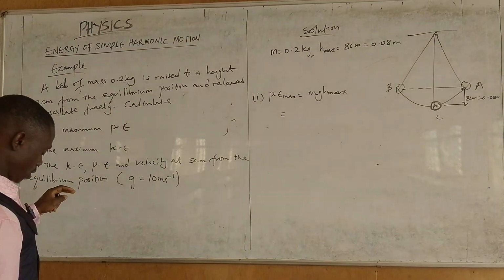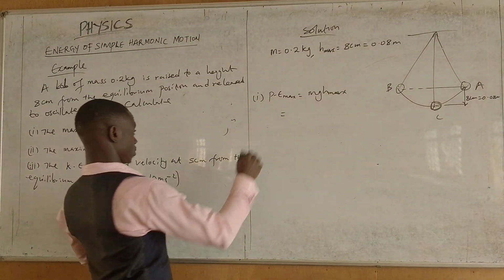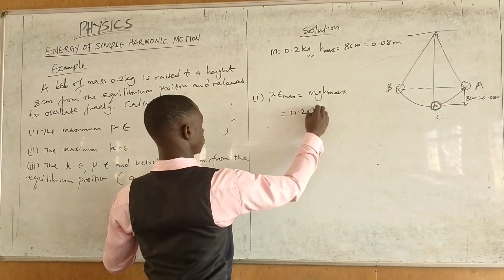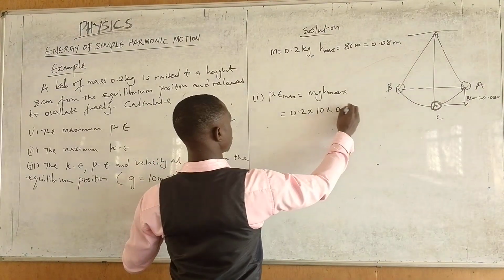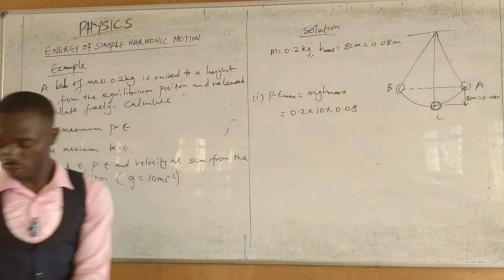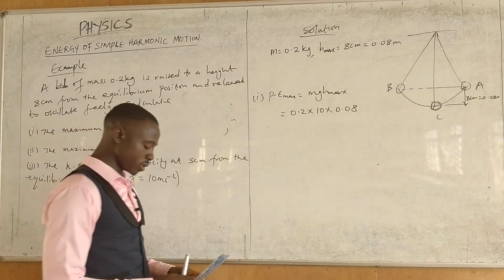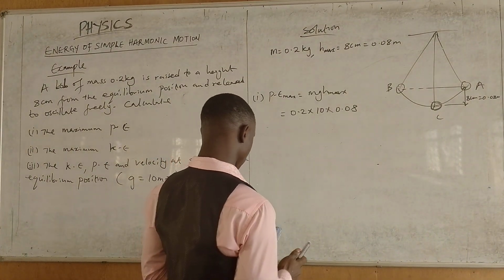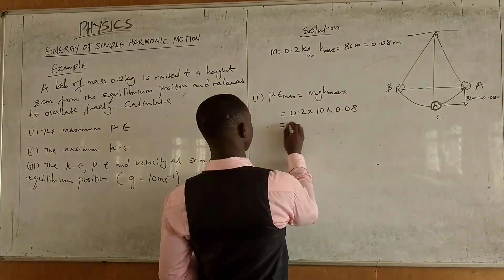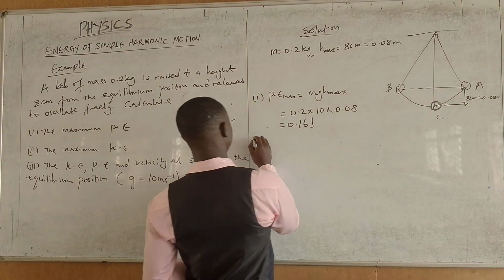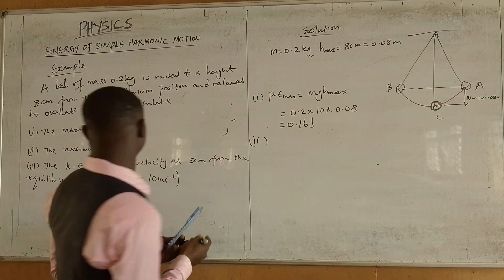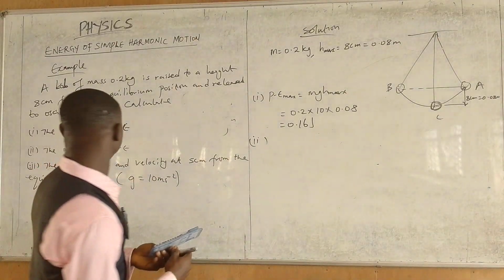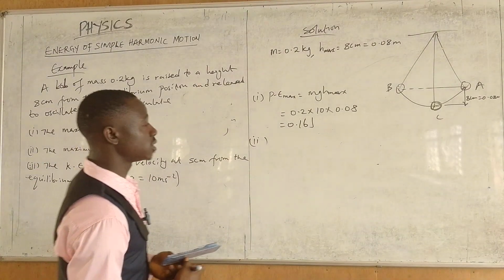Our mass is 0.2, g is 10, h is 0.08. So 0.2 times 10 times 0.08 is 0.16 joule. That's one.